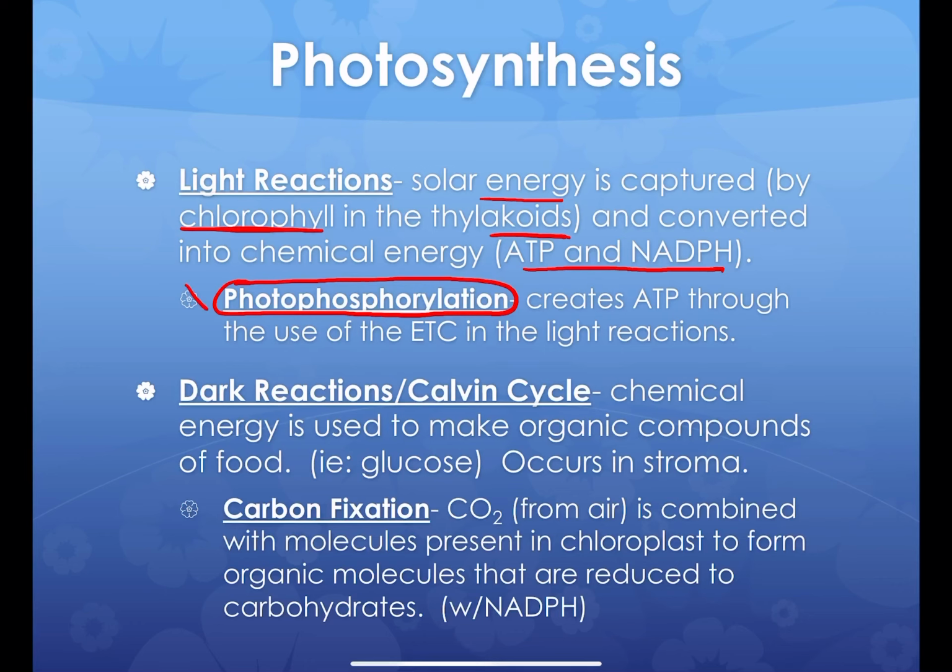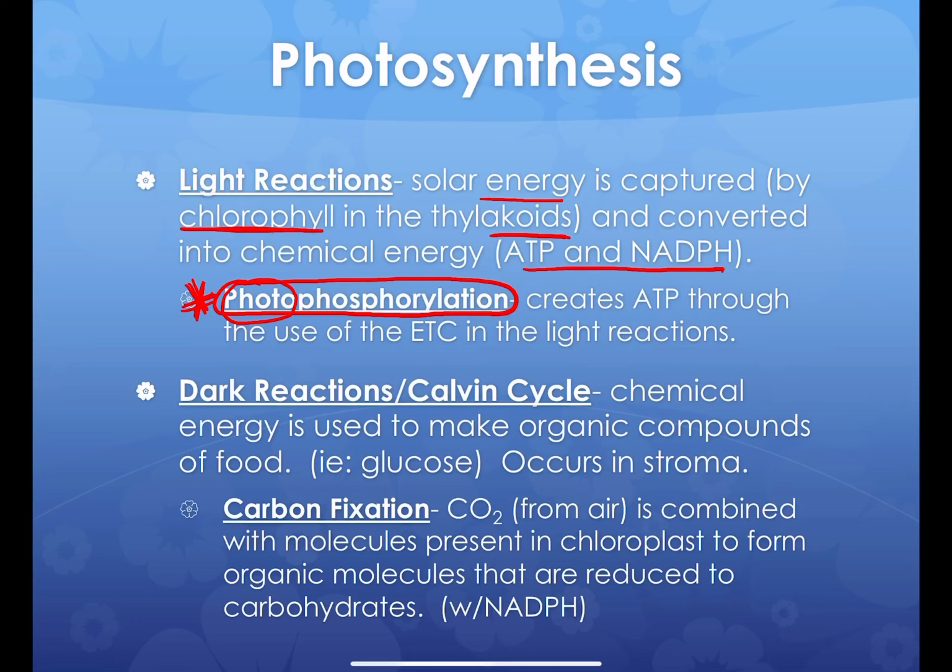In photosynthesis, the phosphorylation that occurs is called photophosphorylation. And that's because the energy that's required to make those ATP molecules and make that NADPH is coming from the light, hence the photo part. To phosphorylate, it's using the energy from the light that is harnessed in the electron transport chain.